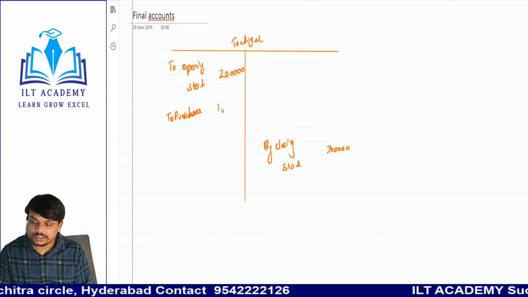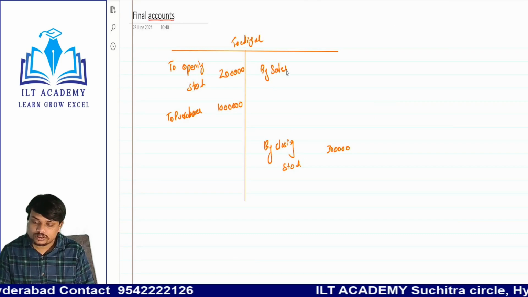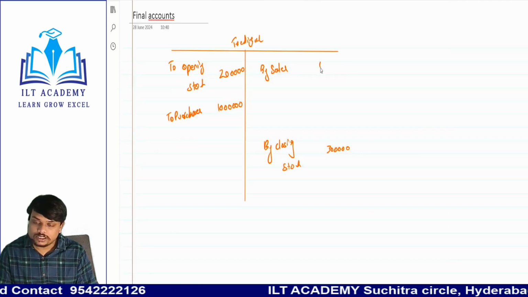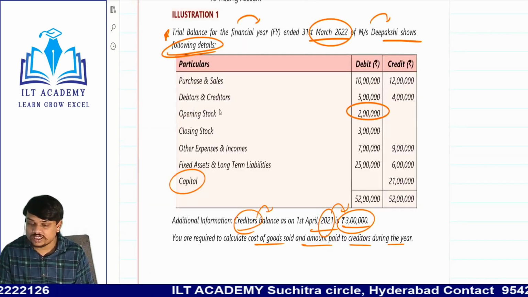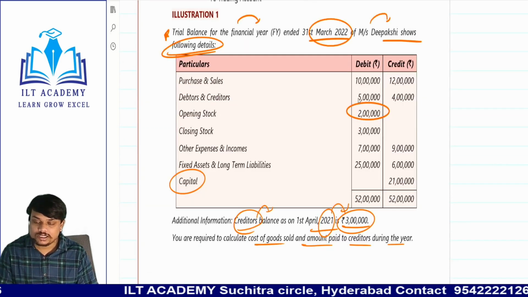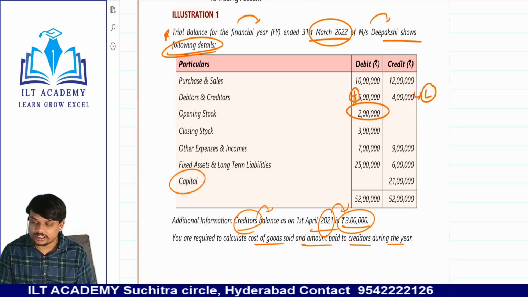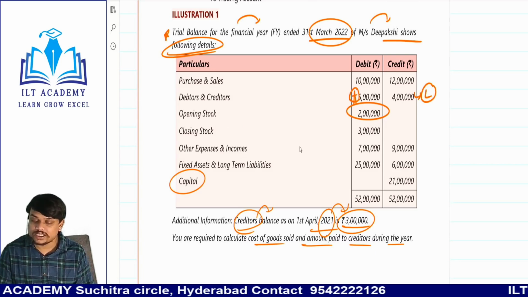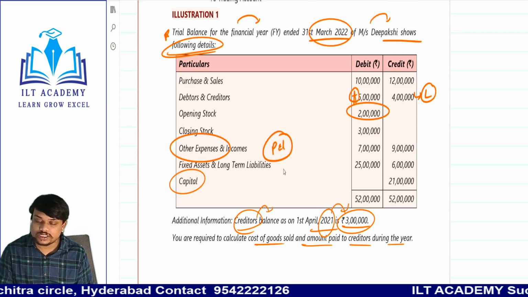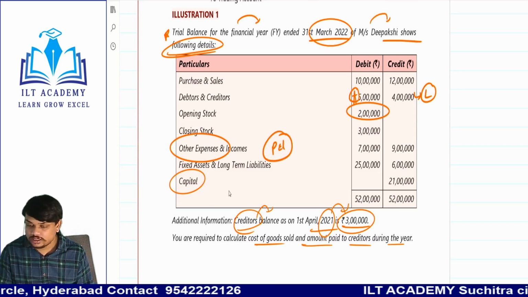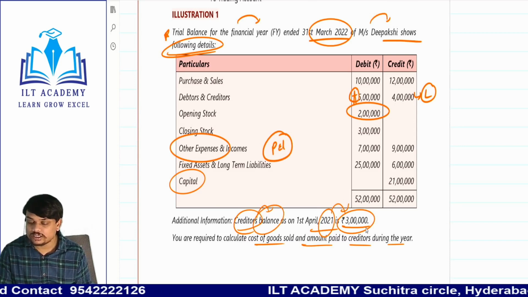Purchases are 10 lakhs. Sales are 12 lakhs. And we have debtors and creditors, that is an asset and a liability. Opening stock is done, closing stock is done. Other expenses and other incomes will form part of the P&L account, along with fixed assets, long-term liabilities and capital.